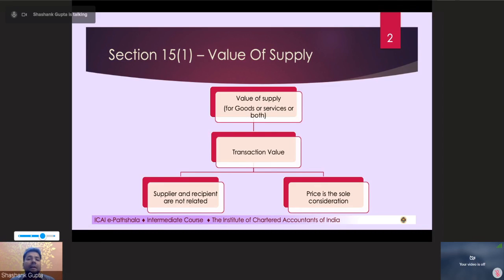The rules which are there are not in your present intermediate course. The valuation rules will be a part of your CA final course. So presently, we will restrict our discussion only to the course contained in section 15.